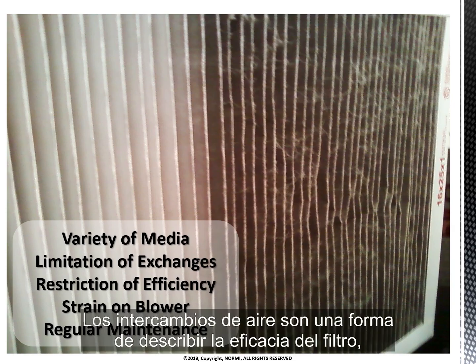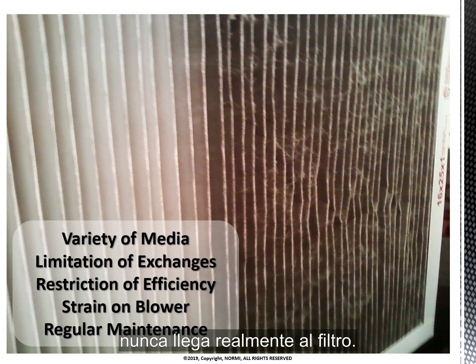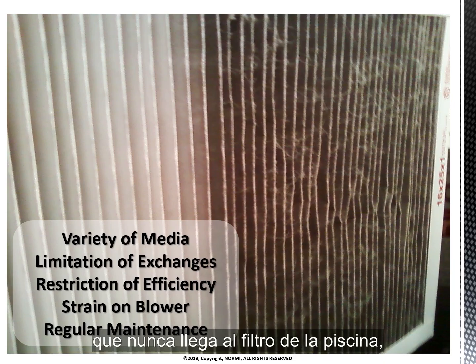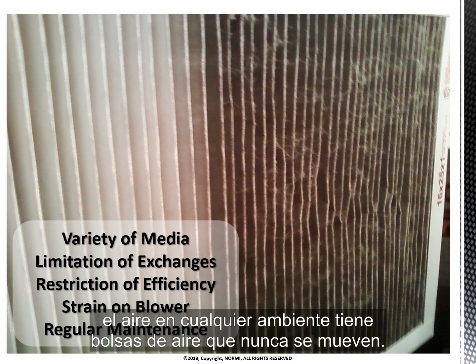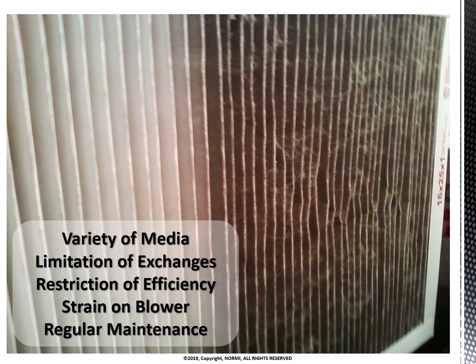Air exchanges are a way of describing the effectiveness of the filter, but it ignores the reality that much of the air in any environment never actually gets to the filter. Just like the swirling leaf in a swimming pool that never gets to the pool filter, the air in any environment has pockets of air that never move. At least that air never gets exchanged and therefore is never really filtered.